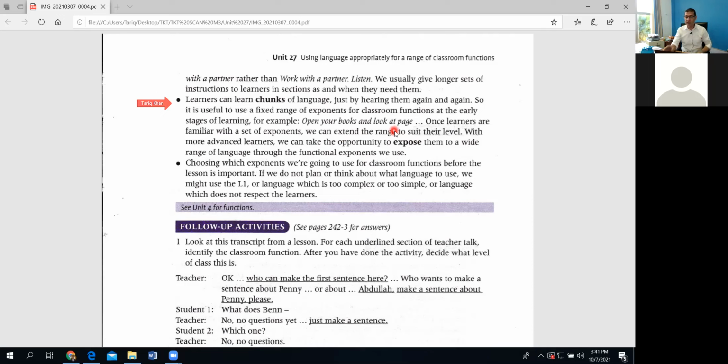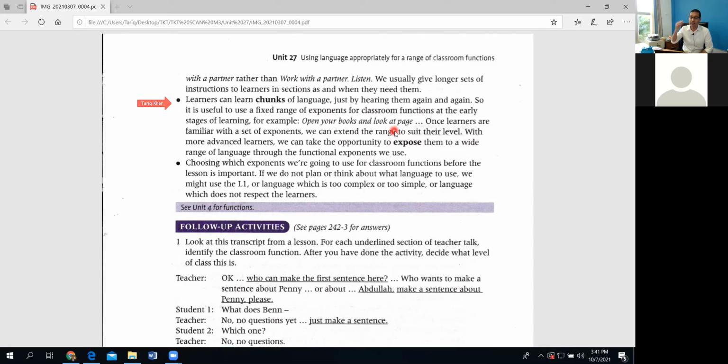Likewise, you need to have exponents for different functions in the classroom. You want them to stand up, you want them to come ahead, you want them to look at the board. Fix particular exponents, write your exponents, and always use the same exponent at the initial stage. What happens when you do not change the language of the instructions every day for one function?